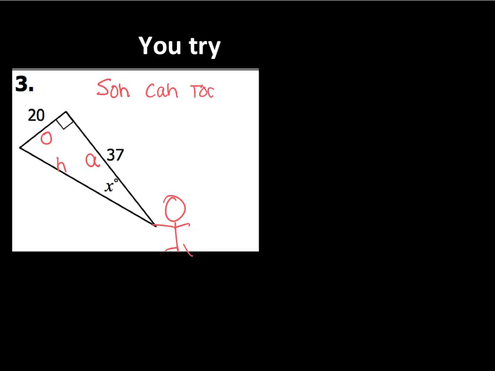I have O and A, so that's going to be tangent. I don't know the angle. When you don't know the angle, you're using the inverse keys. So you're going to hit second tan and put your ratio in, 20/37. Let's see what we get. And x is equal to 28.4 degrees.